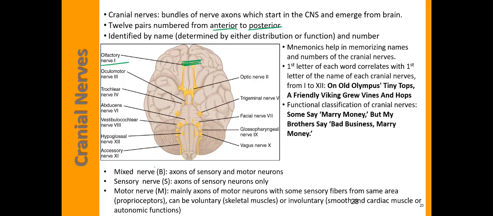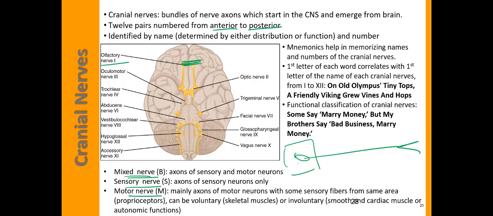These nerves are classified into either sensory-only nerve, motor-only nerve, or mixed nerves. So mixed nerves contain both, which is where the B comes from, sensory and motor neurons. And remember, a nerve is a bunch of axons, right? So axons are these long parts of these nerves.